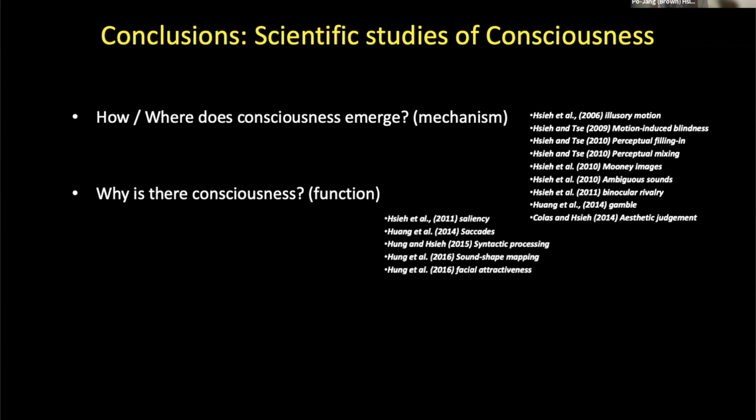And as for the function of consciousness, our consciousness knockout paradigm suggests that consciousness is not responsible for many functions, including saliency or saccades, syntactic processing, sound shape mapping, and facial attractiveness. So these functions appear to be intact even when you knock out consciousness.